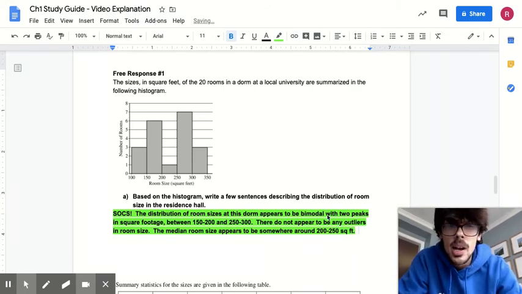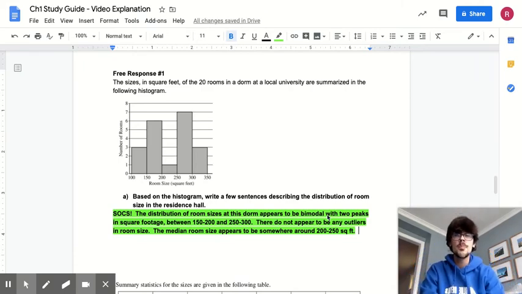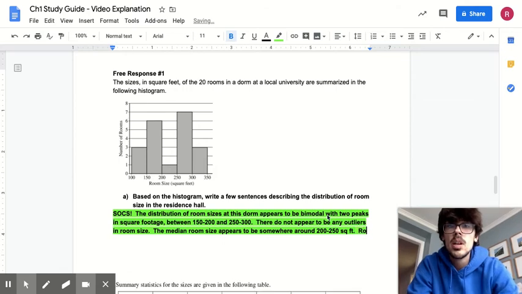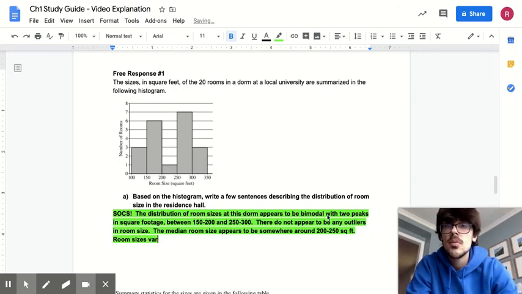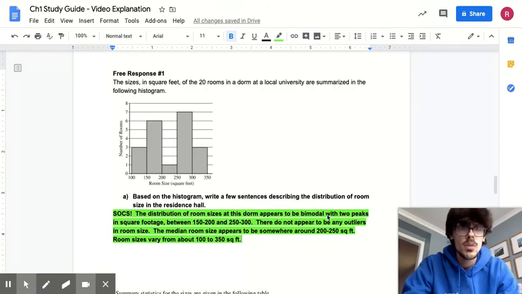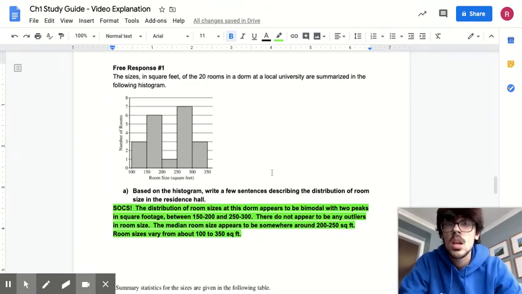Okay, give an approximate center and give an actual number for it. And then finally, I have to talk about spread. Room sizes vary from about 100 to 350 square feet. SOCS, that would be a good full credit answer.